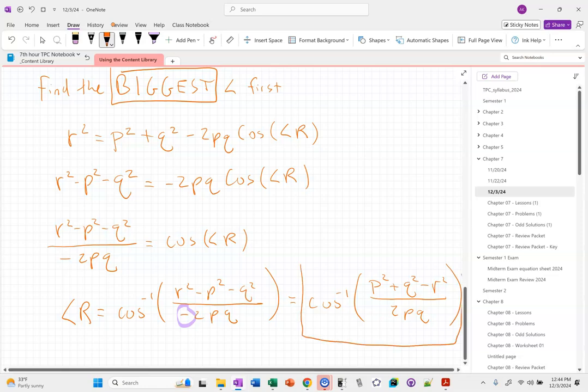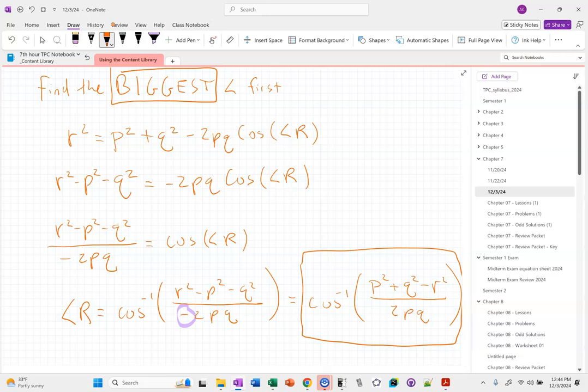And I would actually think about it this way, just because there's less negative signs in there for me to muck up later on. That feel okay to you guys? Now this formula that we've written is still the law of cosines. It's just been rearranged so that the angle is by itself. I can use this formula now in any side problem to solve for my angle, right? Is everybody cool?